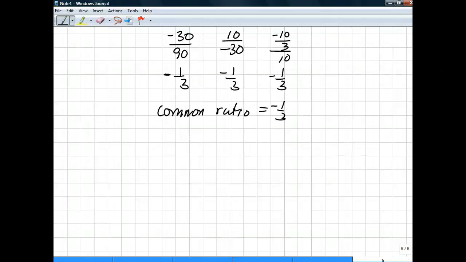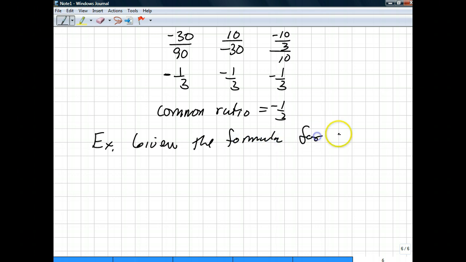Okay. Now, we also have rules. Because sequences are functions, we have rules that build the function. So, example: given the formula for the nth term, find T1, T2, T3, and T4.